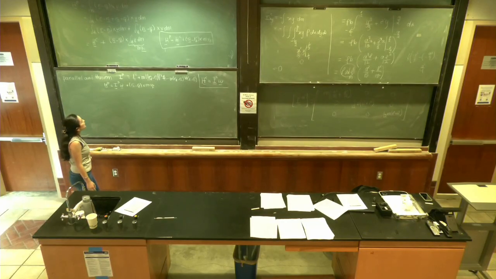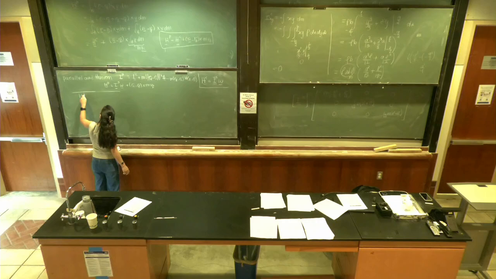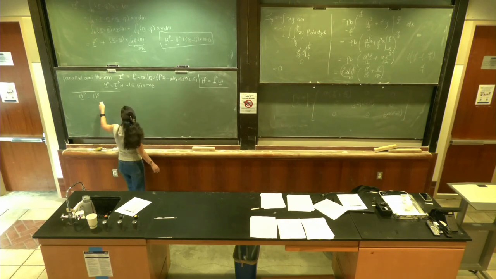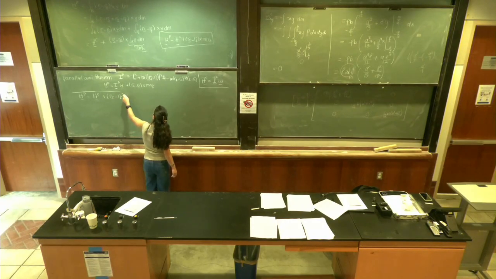Okay, so starting with HP is equal to HC plus RC minus RP cross MVC.